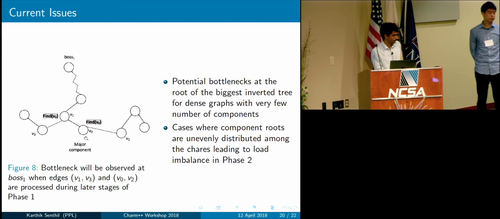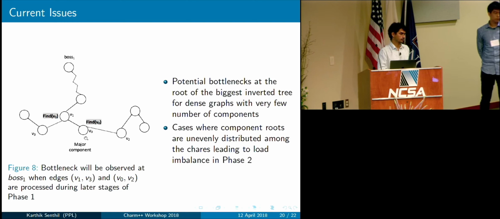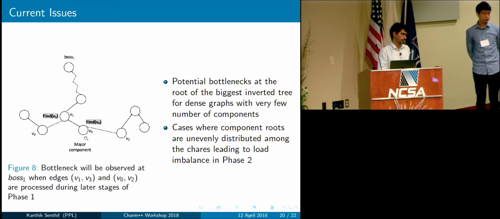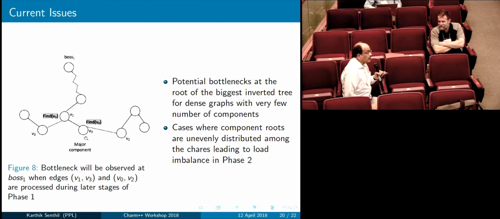But I suppose you would typically have a large number of components too, right? And so if there are a large number of components, the bottleneck is not an issue if the component roots are spread to all the processors.